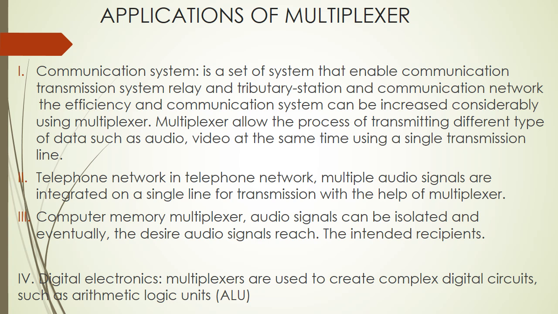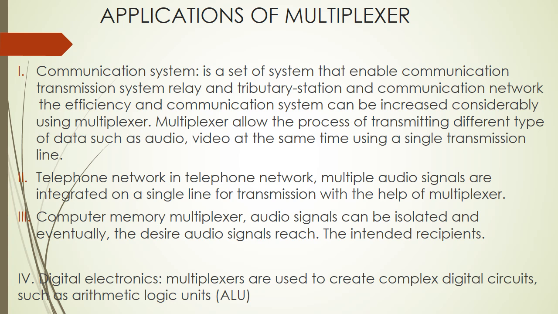In the communication network, the efficiency of the communication system can be increased considerably using a multiplexer, because with the help of a multiplexer they will be able to increase the capacity of those communication channels, since a multiplexer accepts multiple inputs and gives out one output.